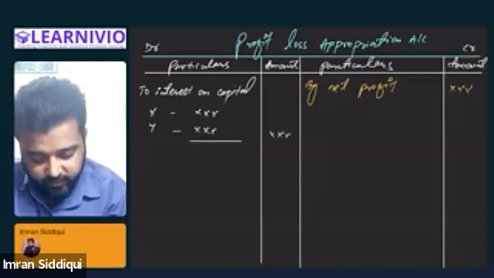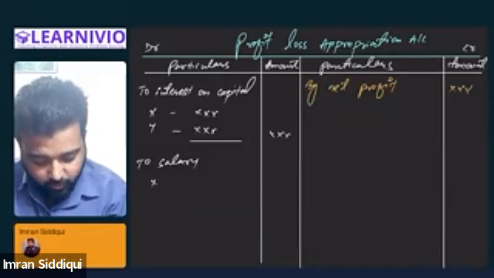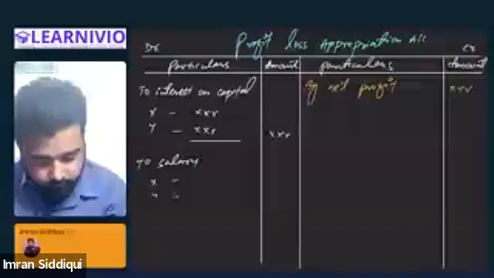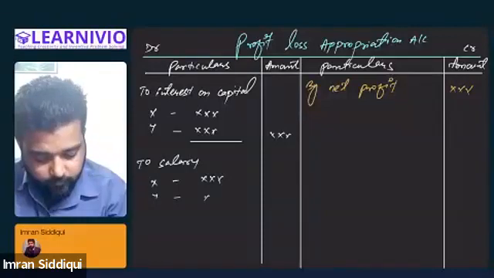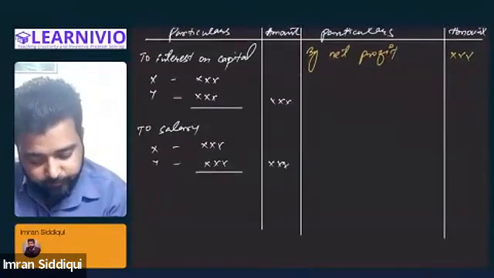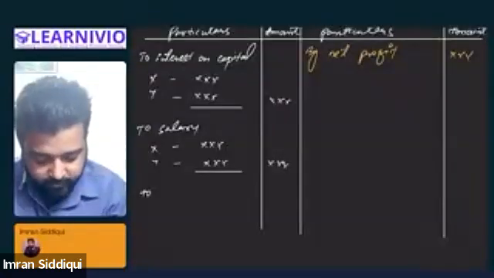Similarly, if we are paying any salary to our partner, such salary needs to be recorded here as well. To salary, to X's account, to Y's account. Similarly, if we are making any payment by way of commission to our partners, such commission needs to be recorded here as well.